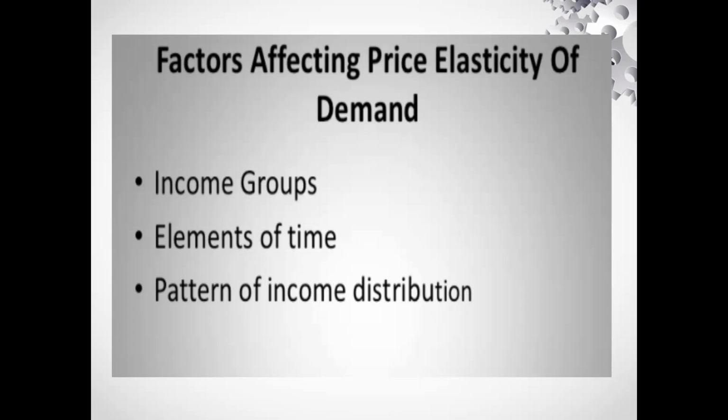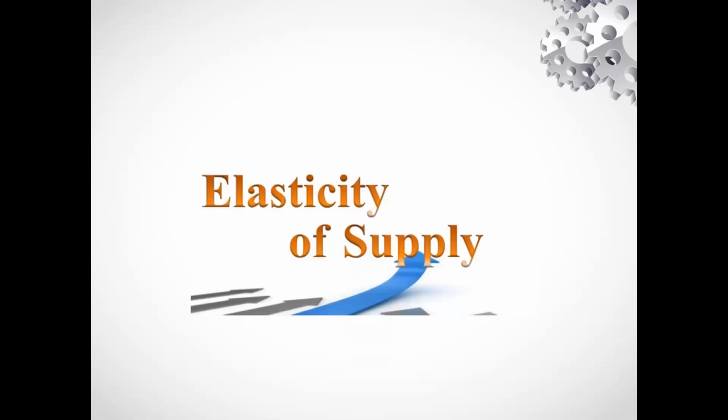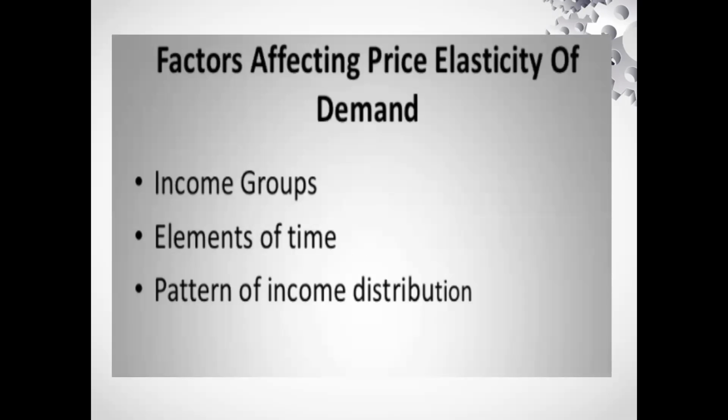But in the case of a joint family, the income distribution will be more. So price changes for a nuclear family will be different from those for a joint family. So the pattern of income distribution also matters when we go for the elasticity of demand of the product, which is related to the price. That's all about price elasticity of demand.